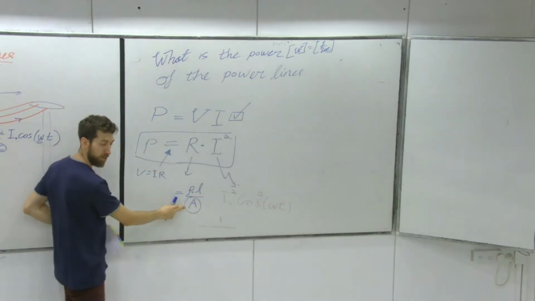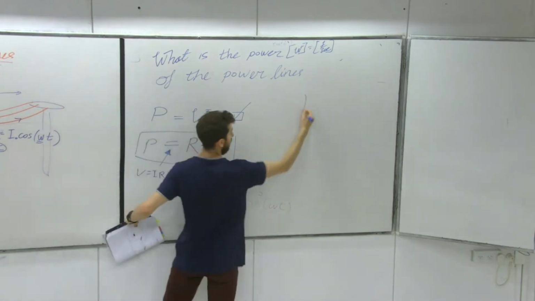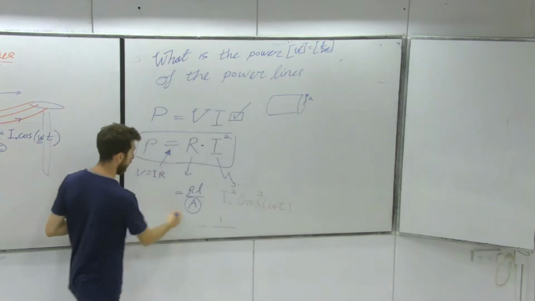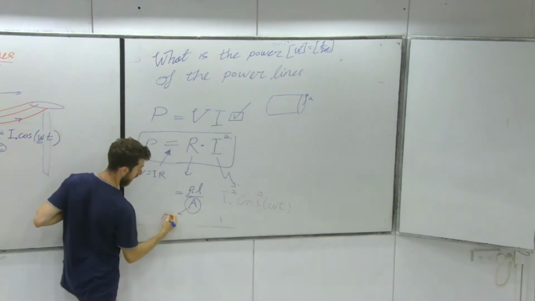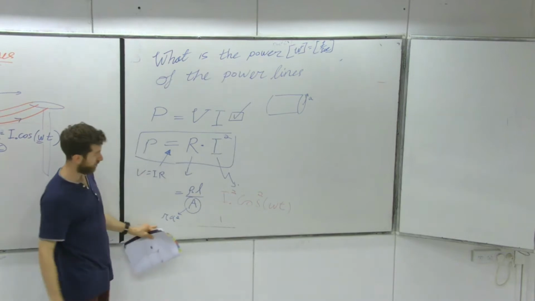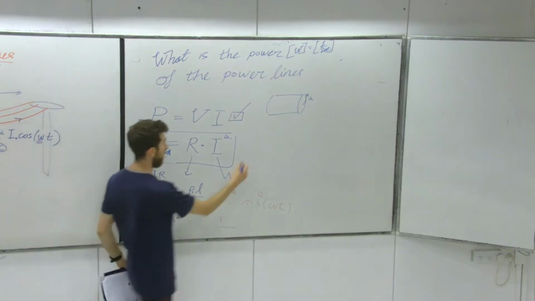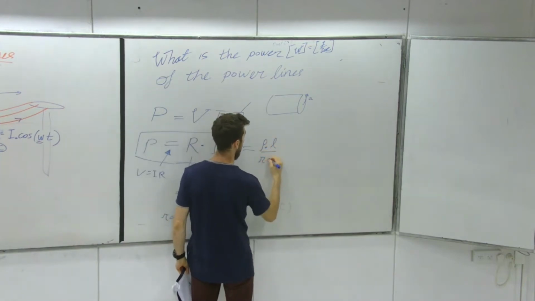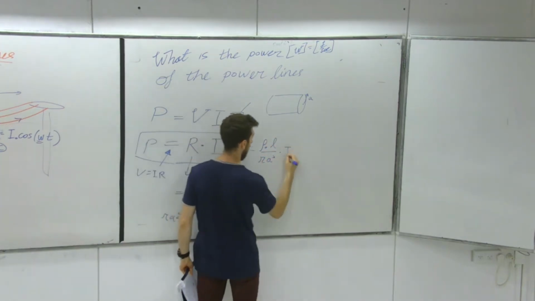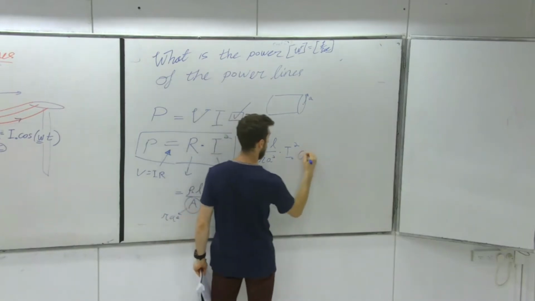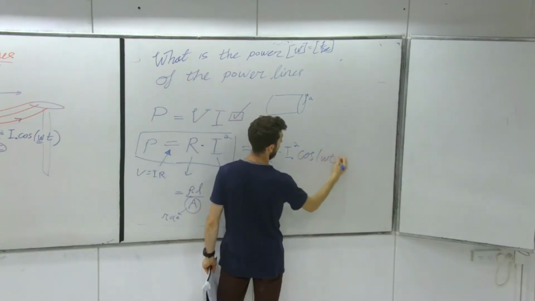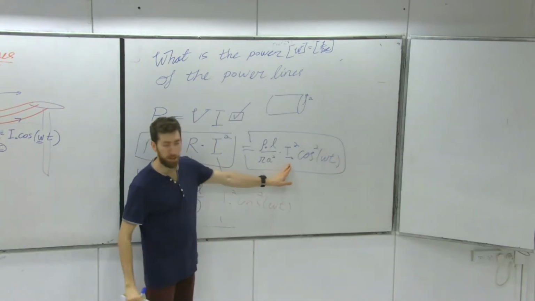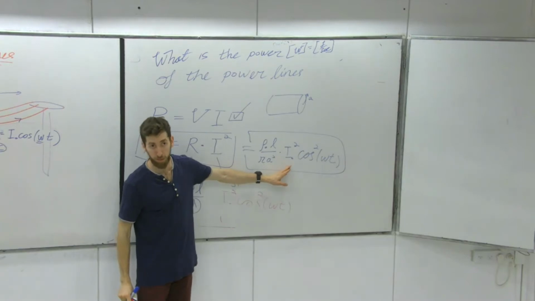So it's also given. We know that the radius is actually A, so this one is pi A squared, right? That's what we have. So we end up with this term, rho L over pi A squared, multiplied by I0 squared cosine omega t squared. I want you to keep that in mind, okay? It's going to be really important later on.